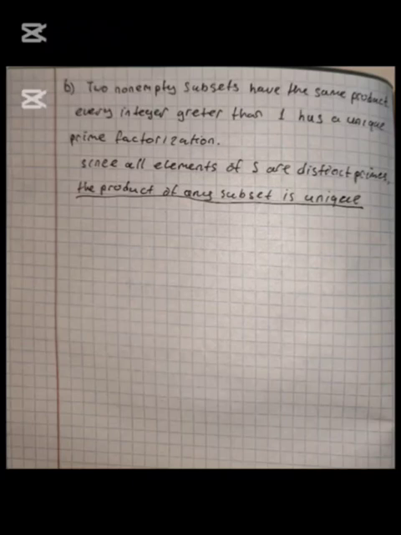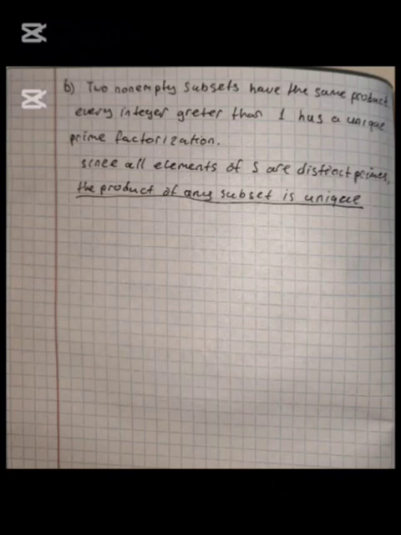No other combination of these prime numbers makes 6. For example, the set of 2 and 3, 2 times 3 equals 6, and the set of 3 and 2 have the same product of 6.